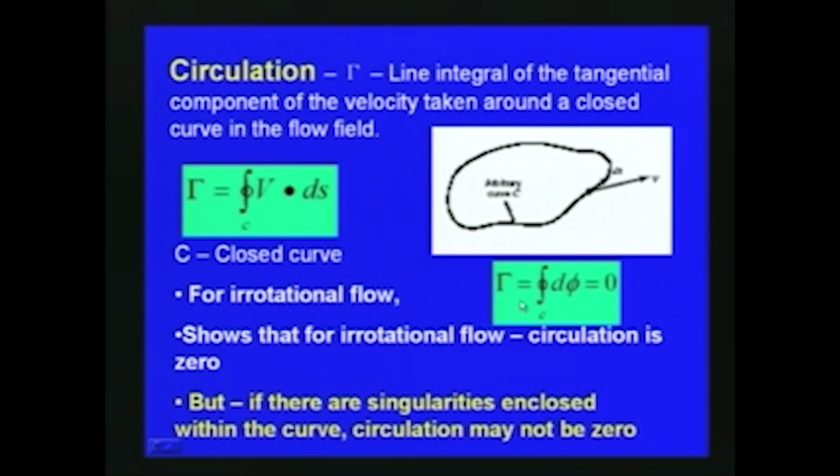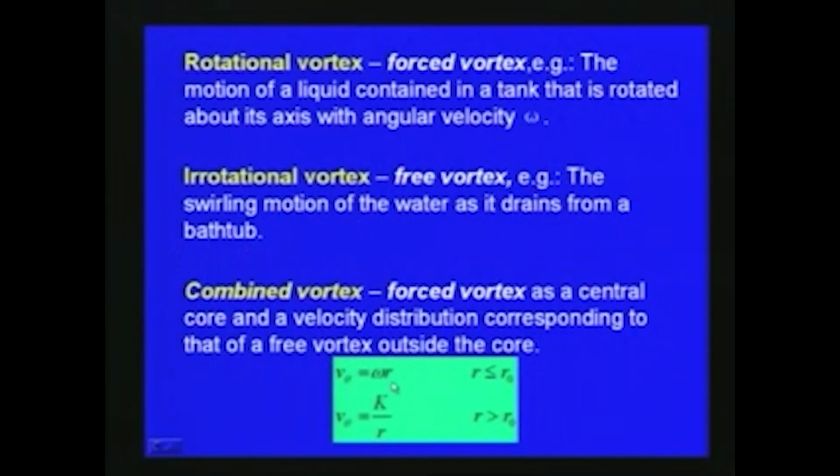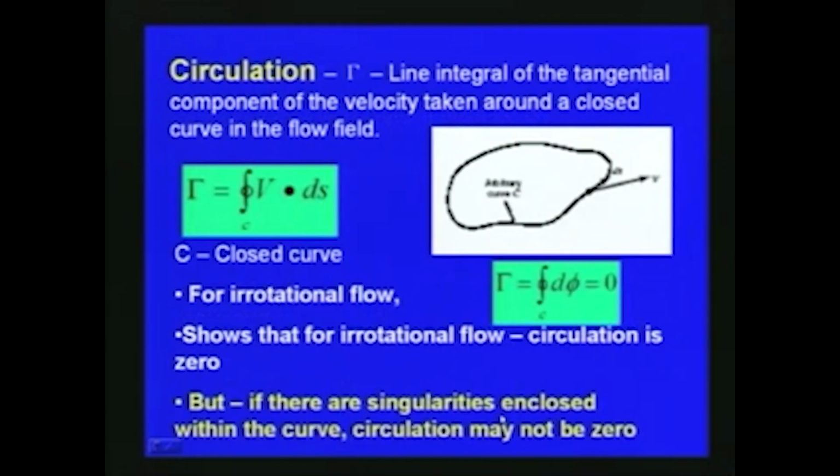So circulation is an important parameter which we use as far as vortex is concerned. We have also defined the tangential velocity for the vortex as v theta equals omega r, or v theta equals k by r when r is greater than r0, as described earlier.